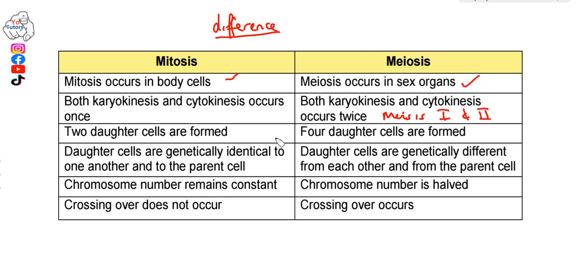In mitosis 2 daughter cells are formed, in meiosis 4 daughter cells are formed. In mitosis, daughter cells are genetically identical to one another and to the parent. In meiosis, daughter cells are unique. Why are they unique? Because of crossing over and random arrangement.